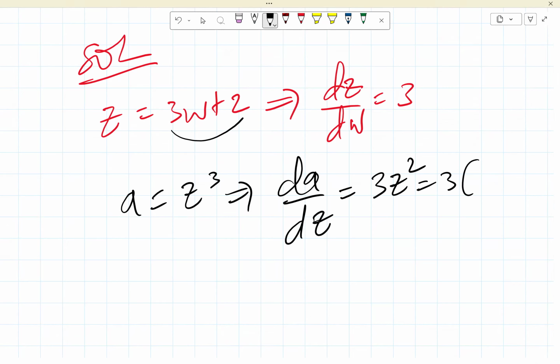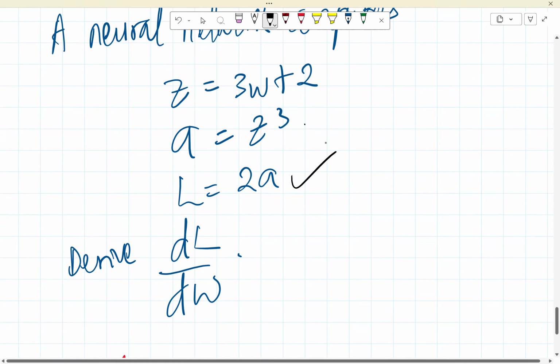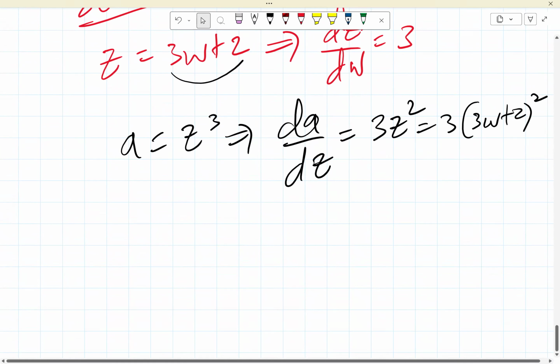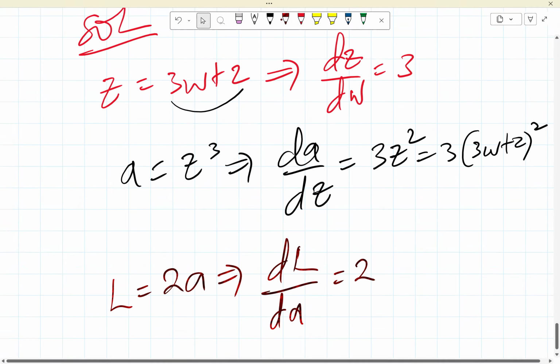So that's 3 into (3W plus 2) squared. Then lastly, we have L equal to 2A, so dL/dA is equal to 2. And with that, we have everything we need.